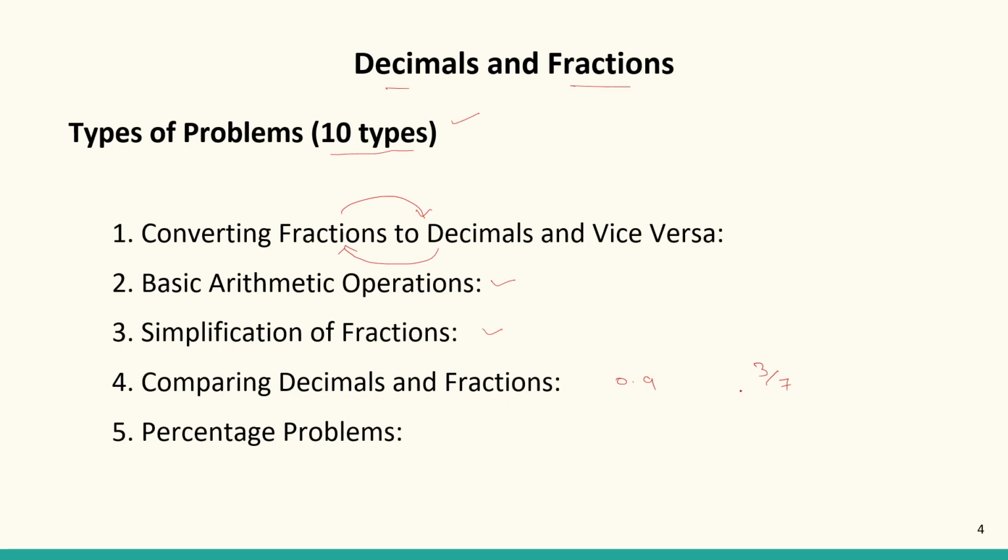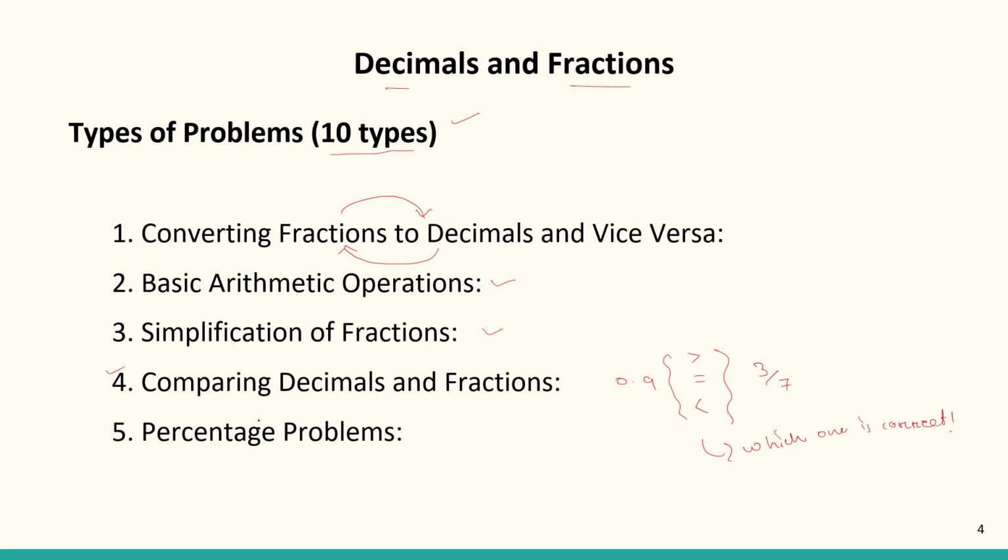These are two numbers, so one of three scenarios is possible: equal, greater than, or less than. Which one is correct? This may be asked. These kinds of questions are called comparing decimals and fractions.